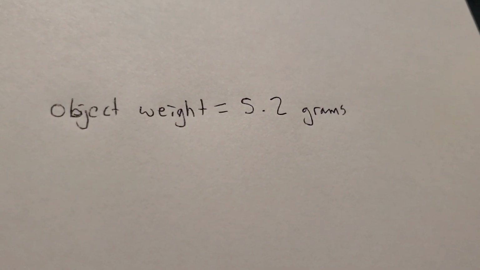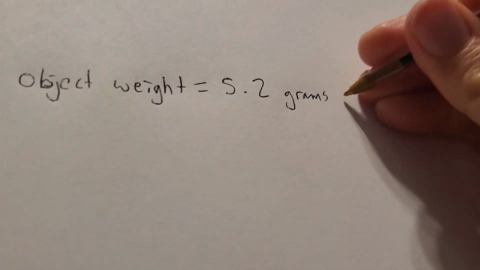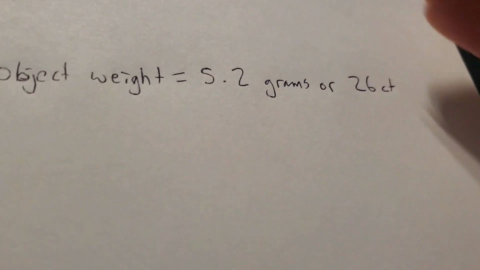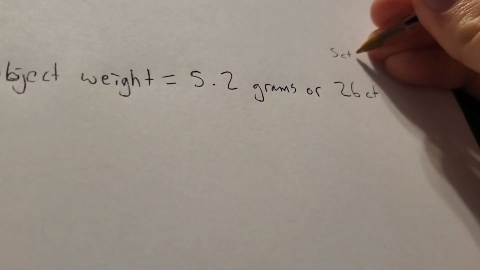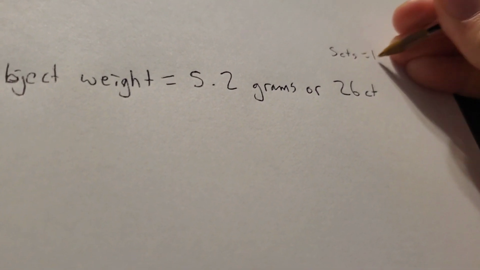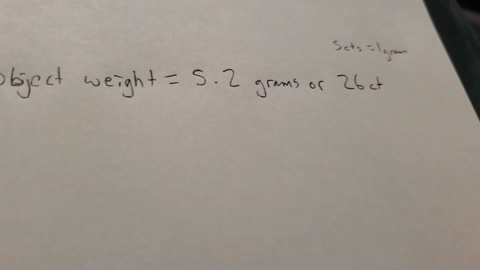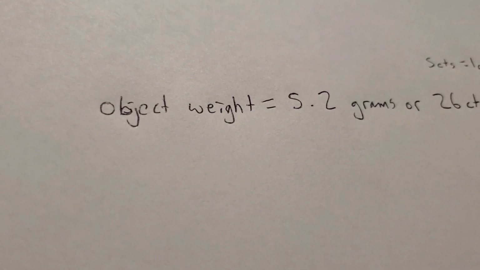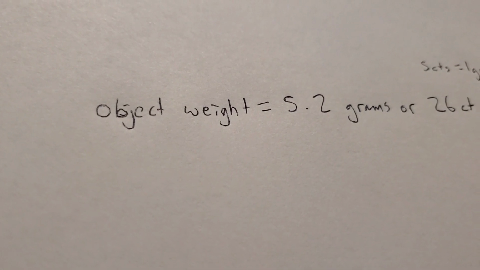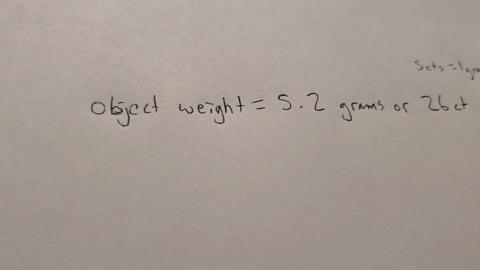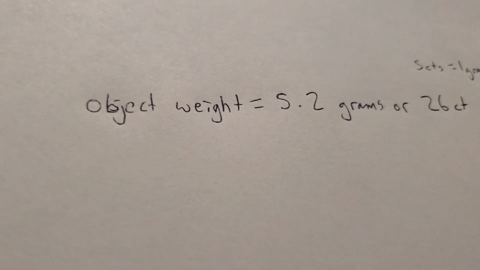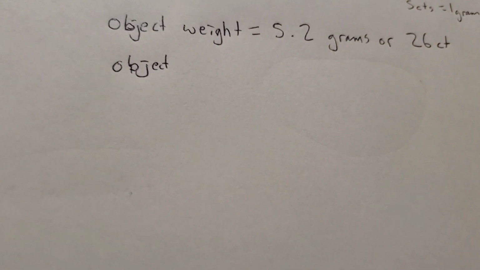So the object weight was 5.2 grams, or let's do it in carats as well, 26 carats, because 5 carats is a gram. And then you can weigh the water, but the easier way to do it is to just tare the scale, so you start at 0. I'm going to write this out the long way just so that you understand the concept.